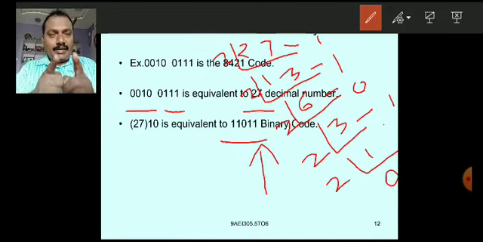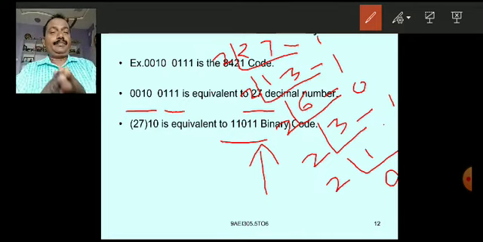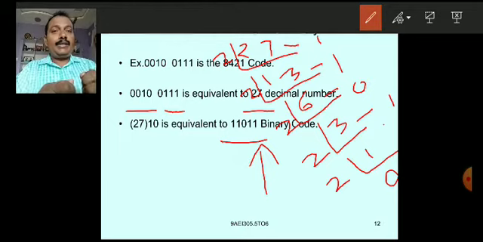So to convert, we first take the BCD code, then write the equivalent decimal number by making groups of 4 bits, and convert that decimal number into binary code by successive division with the radix 2 until you get the quotient 0.